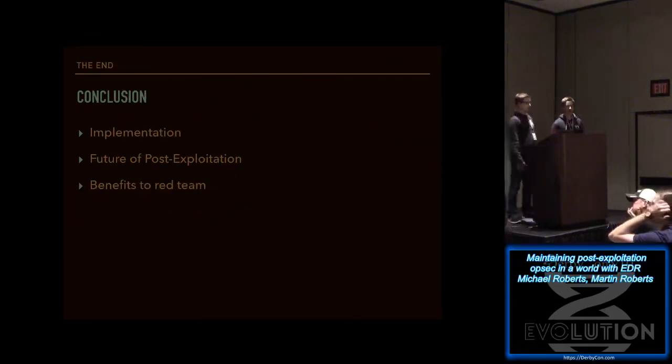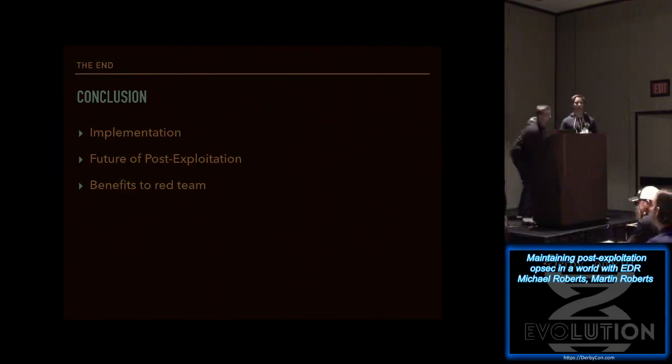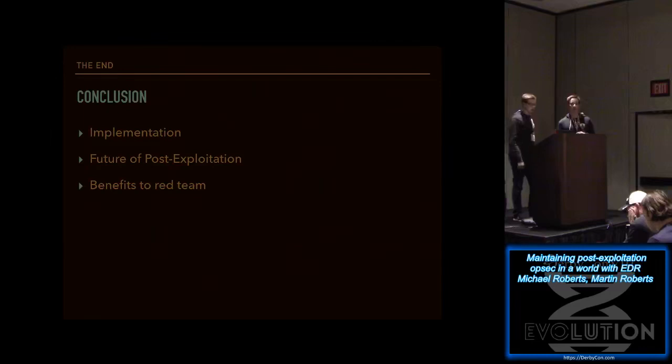Conclusion, implementation. There's plenty of ways to implement more secure OPSEC techniques during post-exploitation using C#, using PowerPick, using different techniques than the same old persistence, the same old techniques, building your own techniques like Ghostpack I mentioned earlier. You have to build on your own in Visual Studio to avoid signature detection.